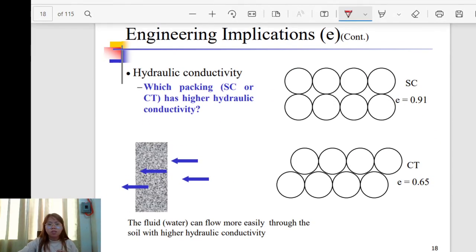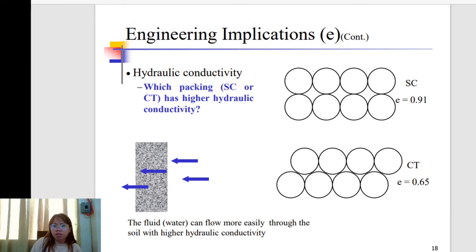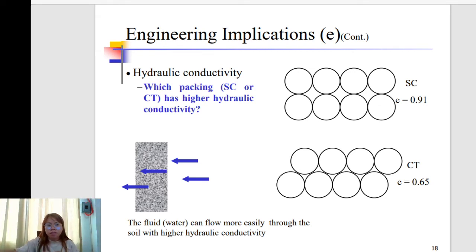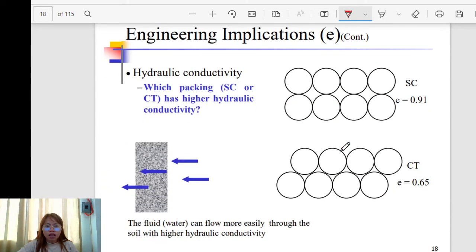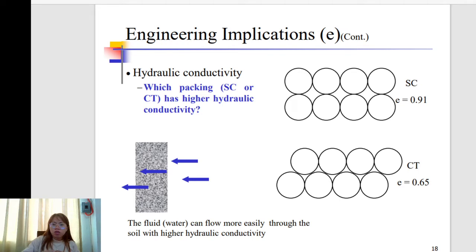Continuation of the engineering implications: the hydraulic conductivity. Which packing, the simple cubic or the cubic tetrahedral, has higher hydraulic conductivity?